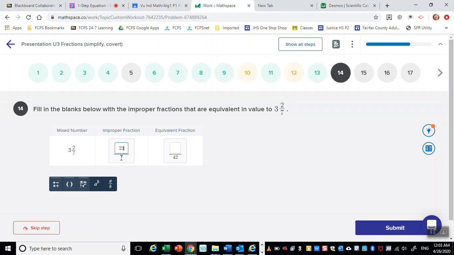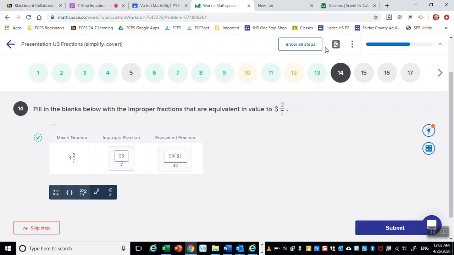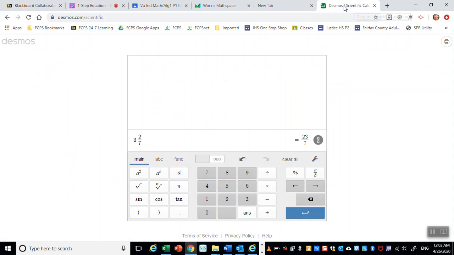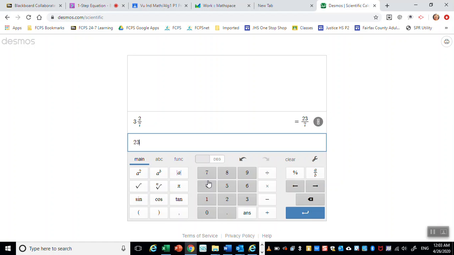And then you know that 7 to 42 you multiply by 6, right? So here you have to do 23 multiplied by 6 to get the equivalent fraction, because 7 times 6 is 42. You submit it, right? Now you multiply 23 by 6. You need to use the calculator here, and so 23 times 6 is 138.